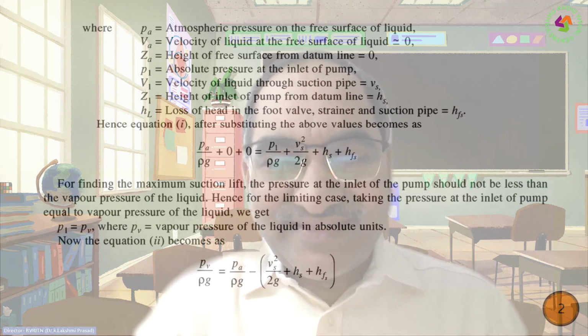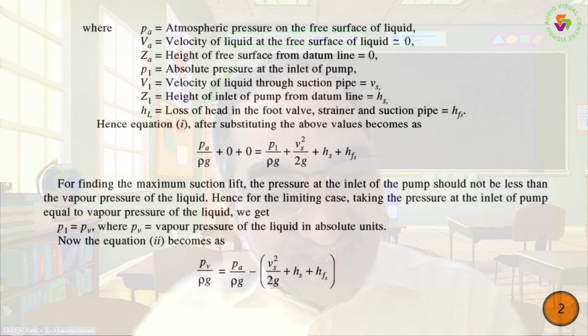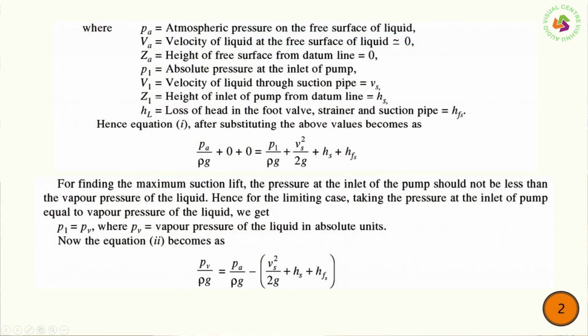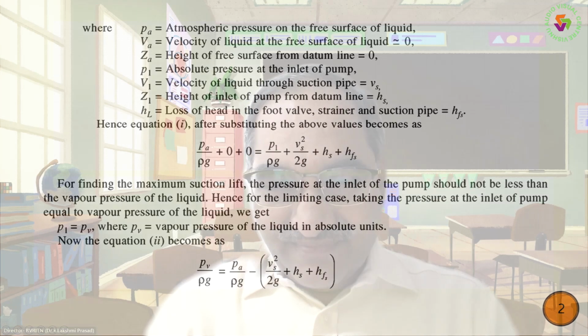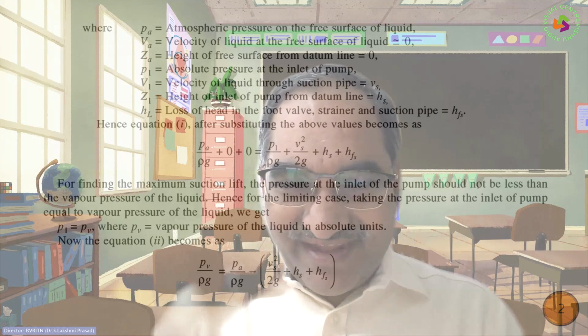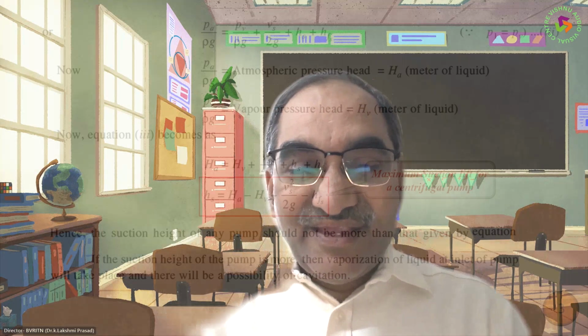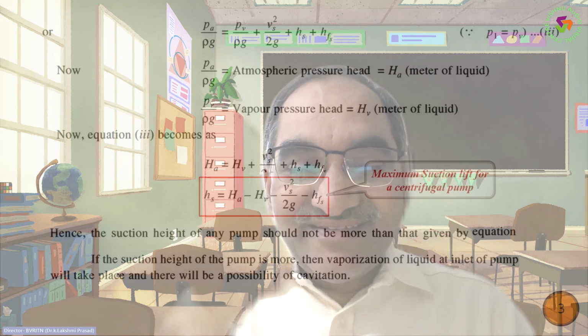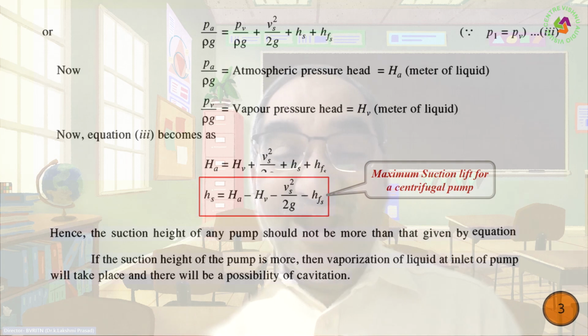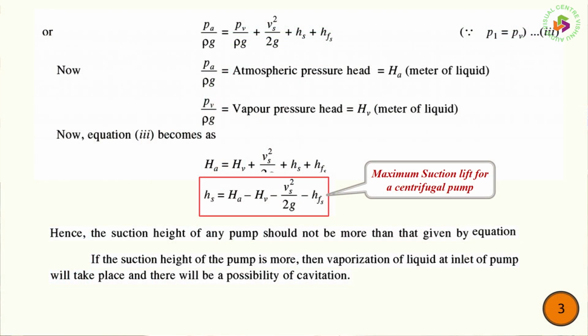Water also has some vapor pressure, which we have already studied in fluid mechanics. So the pressure at the inlet of the impeller, at the center of the impeller, should be more than the vapor pressure of that liquid. Then only the pump will lift the water.